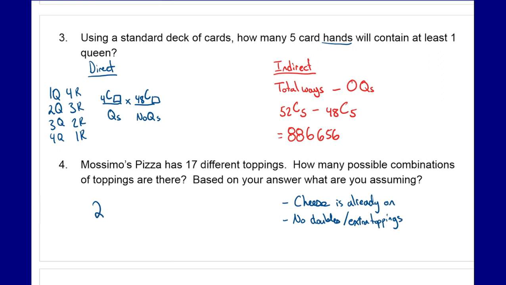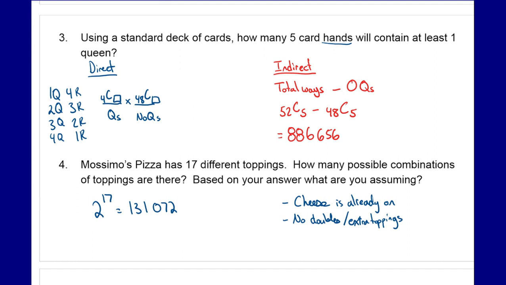It's picked or it's not picked, raised to the power of 17 because there are 17 different items and each one has the 2 options. I do this and I get 131,072. So that's how many ways there are.